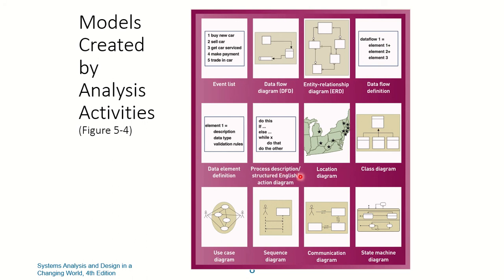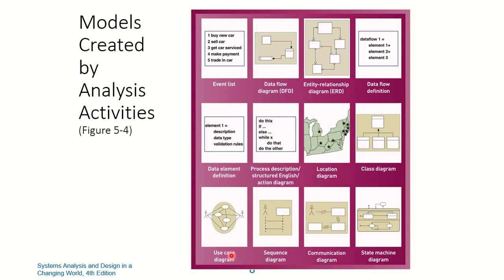So process description structured, ayan, makita diha nga murag coding, no? So the code. We also have location diagram that is considered as model in the analysis activity. We also have class diagram. We also have use case if we're working on an object-oriented modeling, because we have two types of modeling.